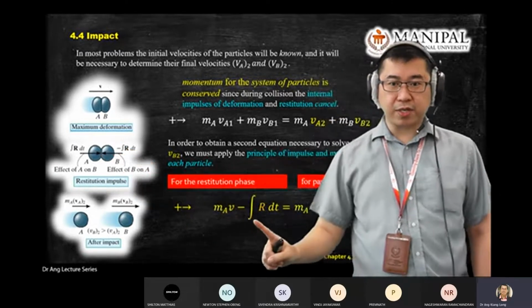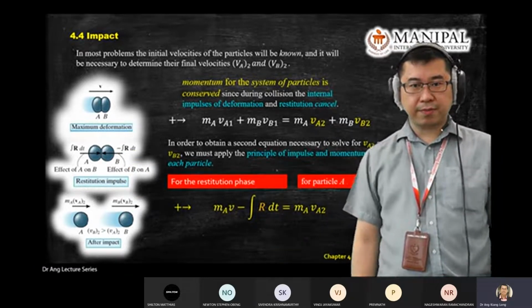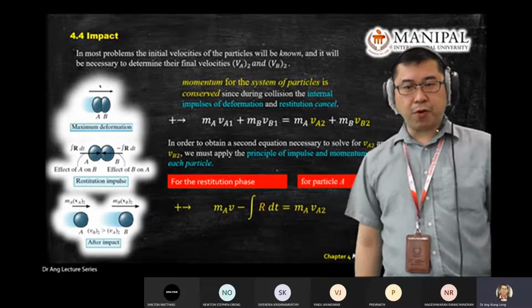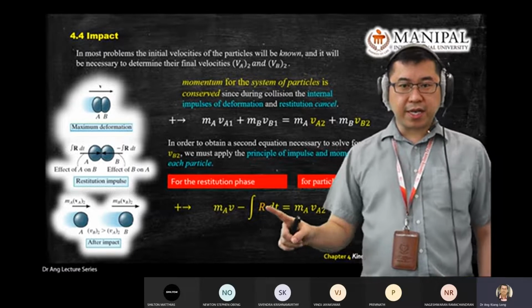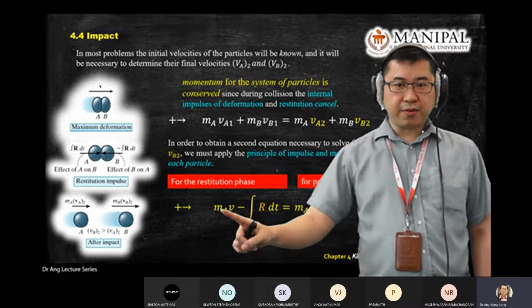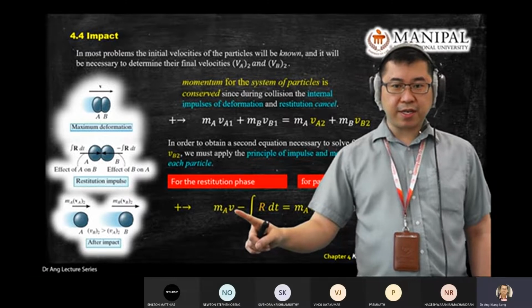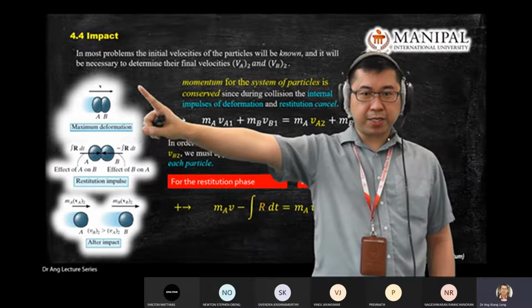That's why in the equation you see a negative sign there, and using R. On the left hand side is before, on the right hand side is after. Here your V for object A is V, because it's after maximum deformation.